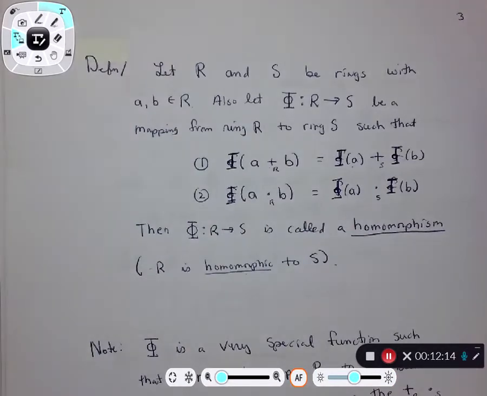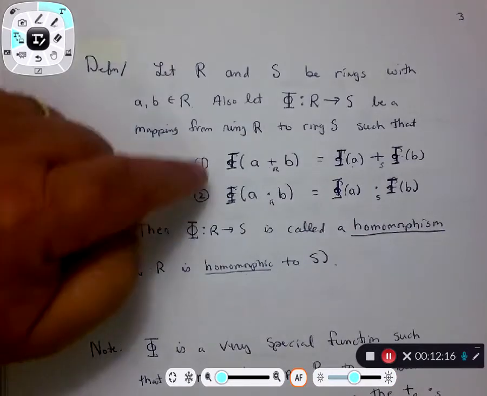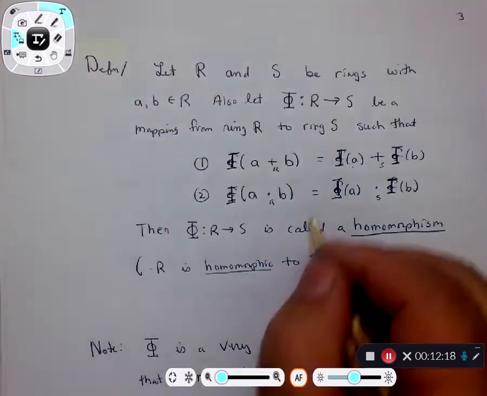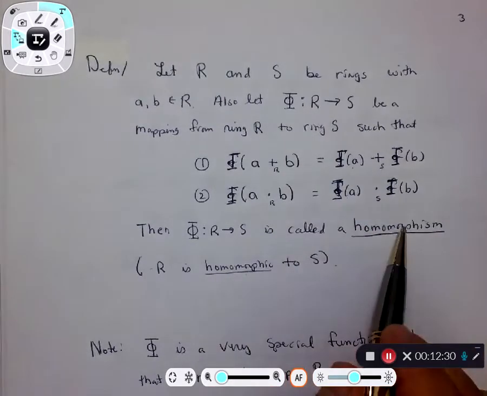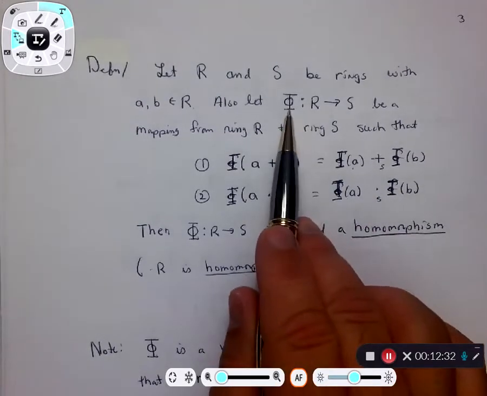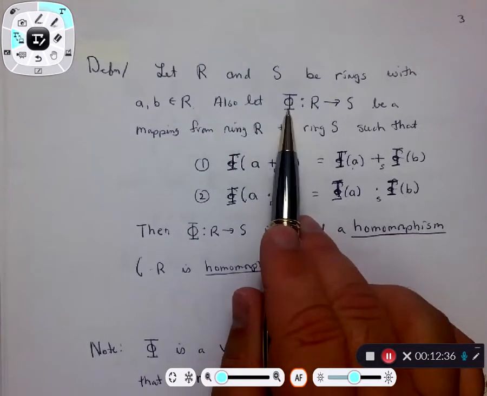Not always. Dr. Hungerford's big into, as I copied the definition down, using regular letters. But these are more important than the old f of x equals 2x plus 5 or whatever the case may be. Those are just functions. Those are not homomorphisms. So we're going to emphasize homomorphisms. I'll throw some Greek letters at you for these mappings, but don't be concerned: alpha, beta, gamma, delta, phi type things.